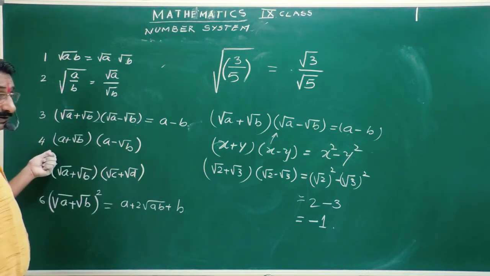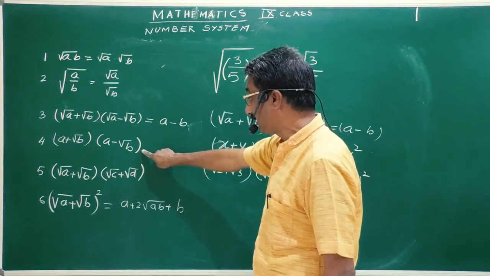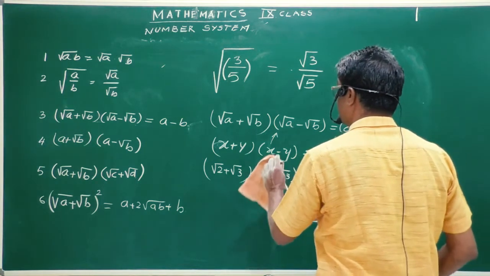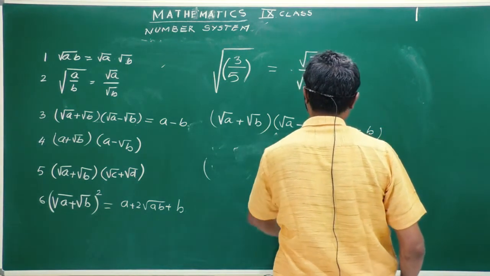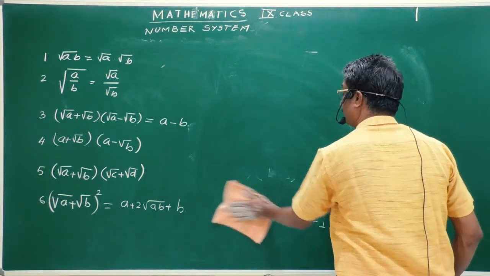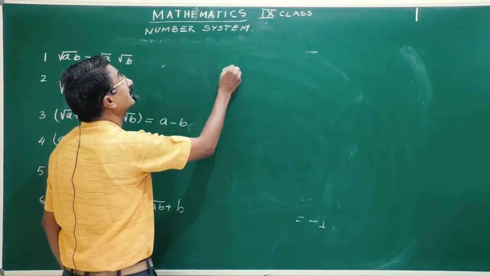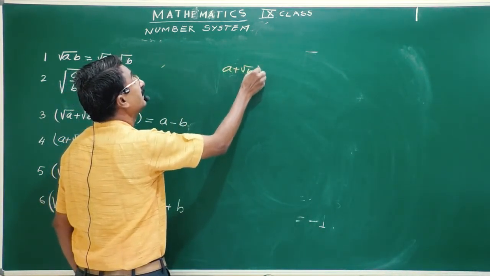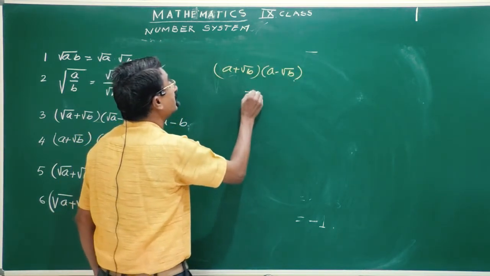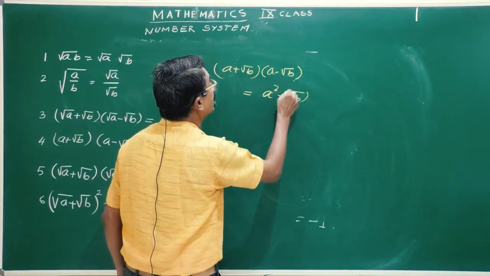Again, the fourth one, that is A plus under root B into A minus under root B. The identity used is the same, that is x plus y into x minus y is equal to x square minus y square. So A plus under root B into A minus under root B is equal to A square minus under root B square.